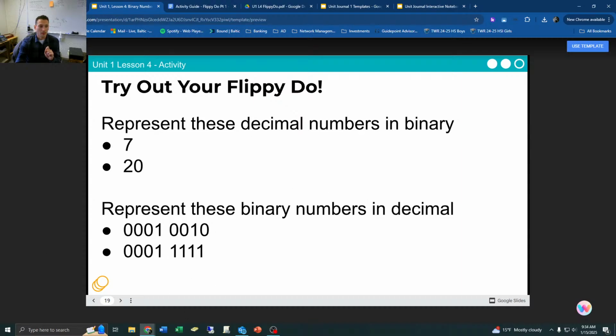Okay, so if we take a look at our Flippy-Do, let me get my sheet out here quick.